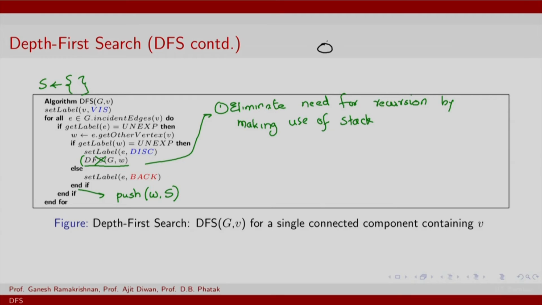We are saying that if this was V, it had multiple edges, E1, W1, E2, W2 and so on. We are going to push each of W1, W2 and so on into the stack, and once we have exhausted all the incident edges for V, we are going to pop elements from the stack.